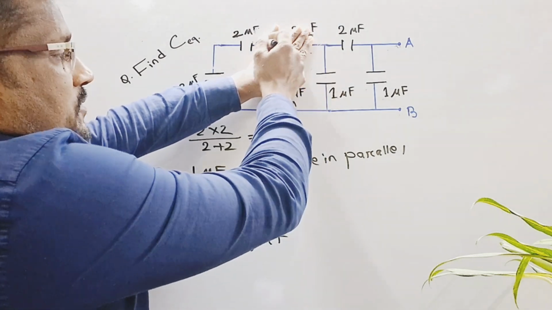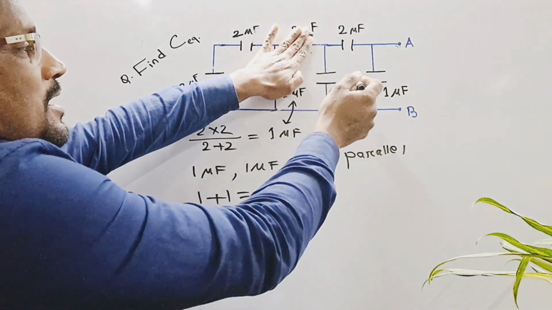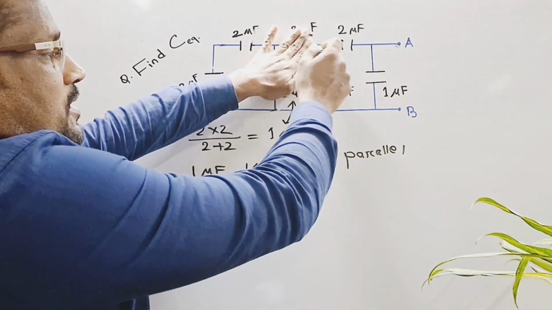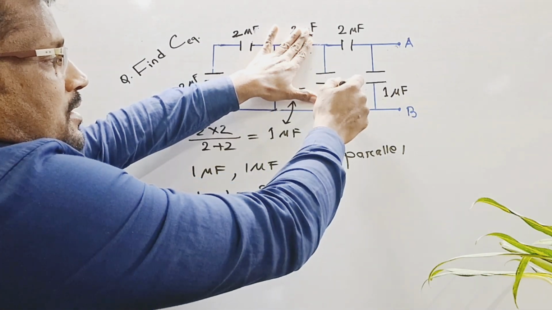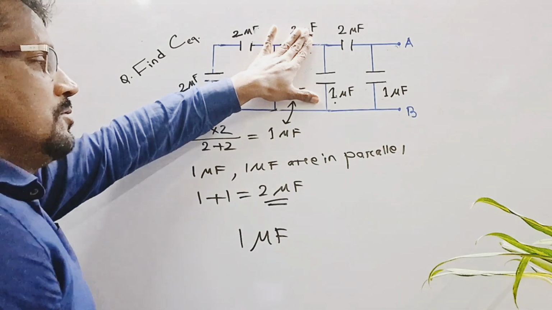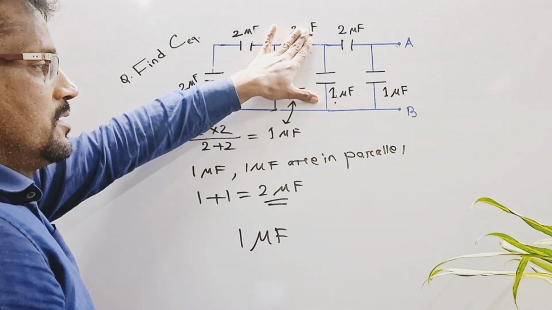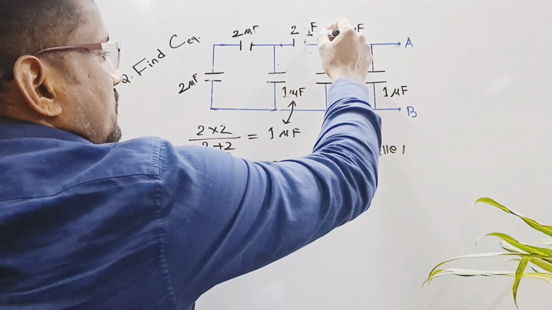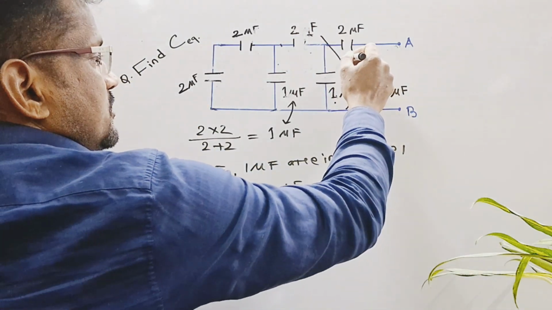Now that 1 microfarad and this 1 microfarad are in parallel, so the total capacitance will be 1 plus 1, that is 2 microfarad. So finally up to this you have calculated 2 microfarad.